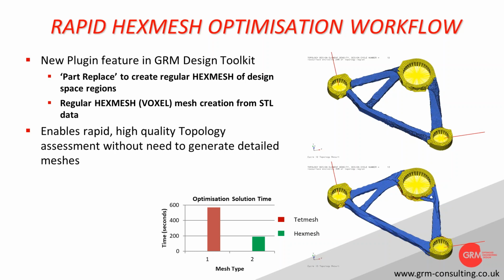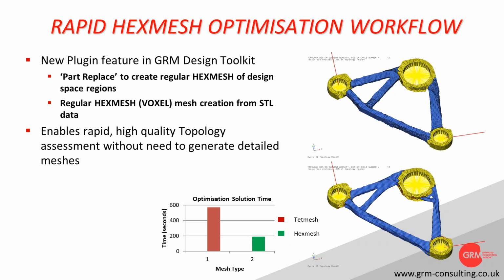We do that so much as a company, and we find the results faster and cleaner, that we developed a new part replace function as part of the GRM design toolkit. And this has been expanded also to support direct creation from your CAD data through STL, and we'll go through that in a little detail now.